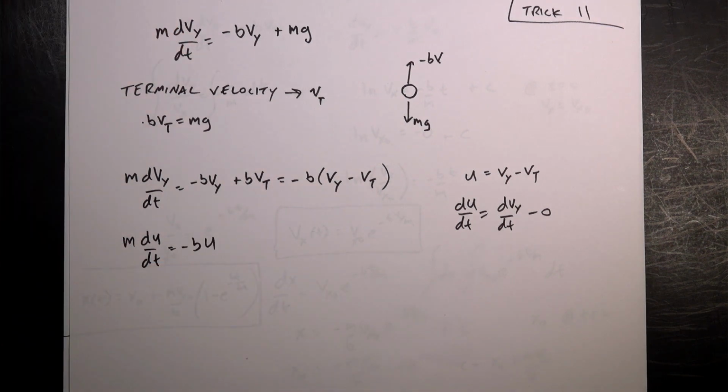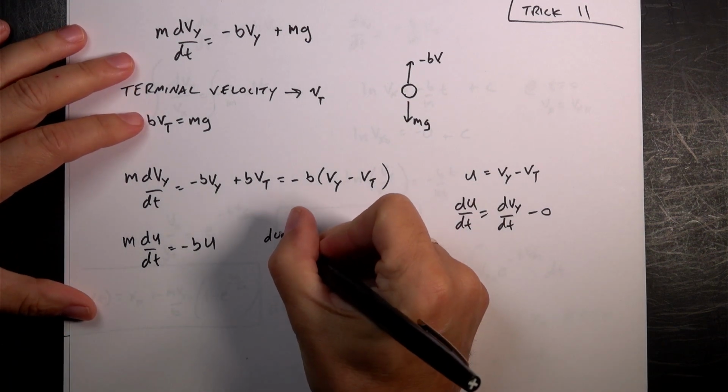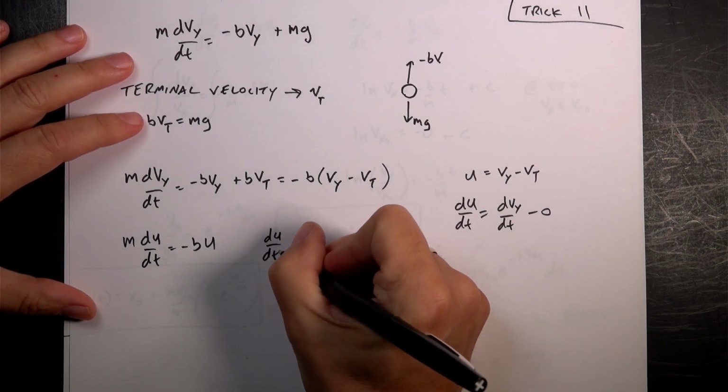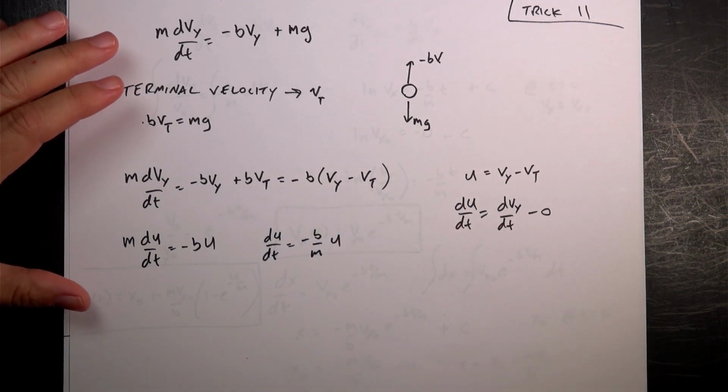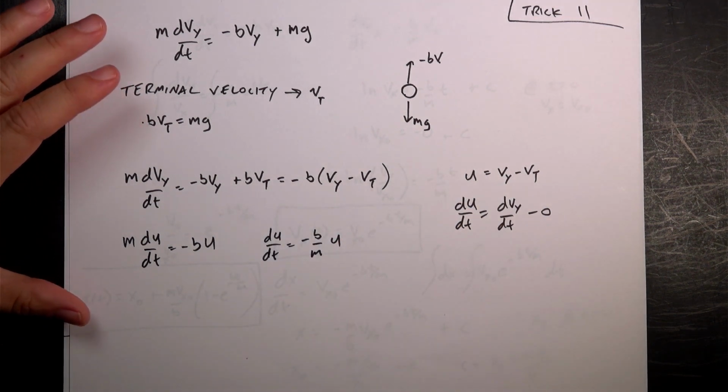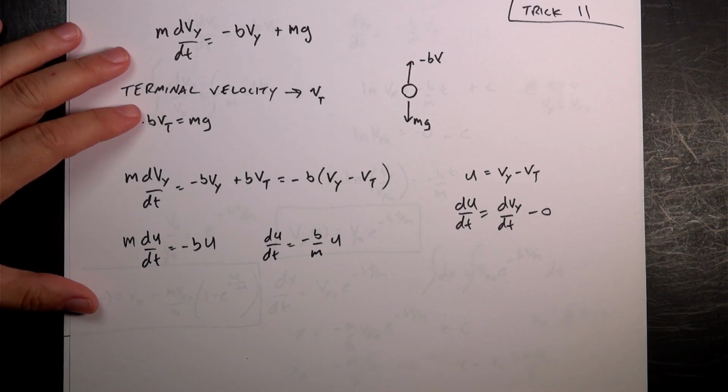That's important, because now we're in the exact same situation we were in before. du/dt equals negative b over m times u. This is the same equation I had for x. It looks the same as the one-dimensional equation, for u, not v.